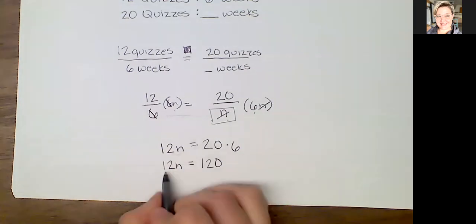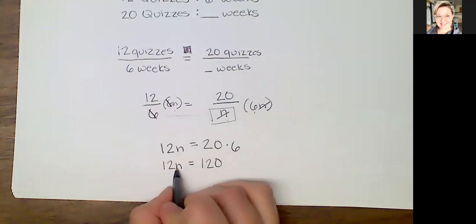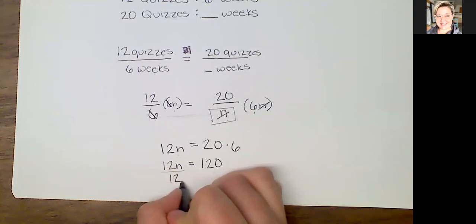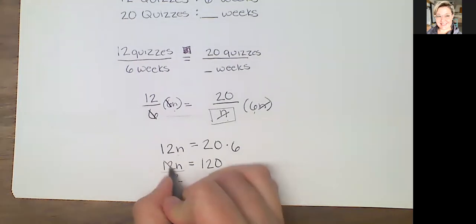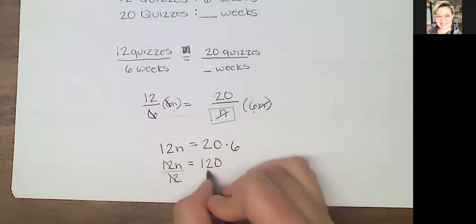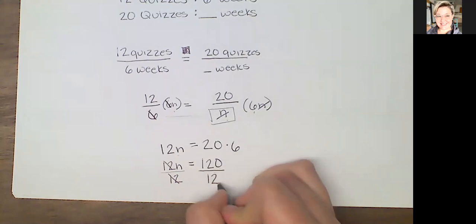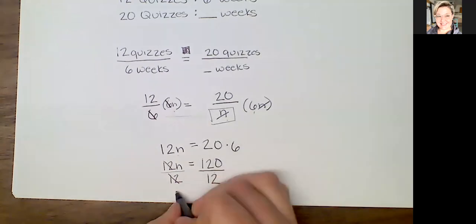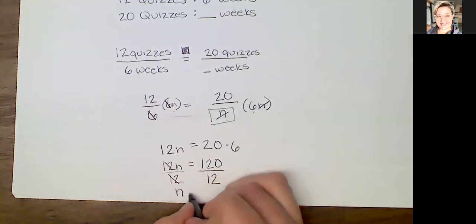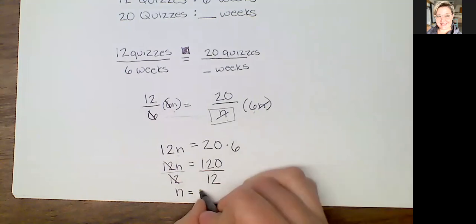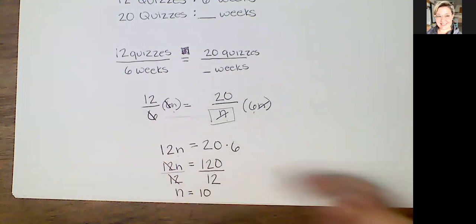Since it's 12 times n, we can divide this whole thing by 12 in order to get rid of the 12 here, because that would cancel it out. But since we did it over here, we have to do it over here and divide 120 by 12. That's going to leave us with just the n on this side of the equal sign, and 120 divided by 12 gives us the number 10.